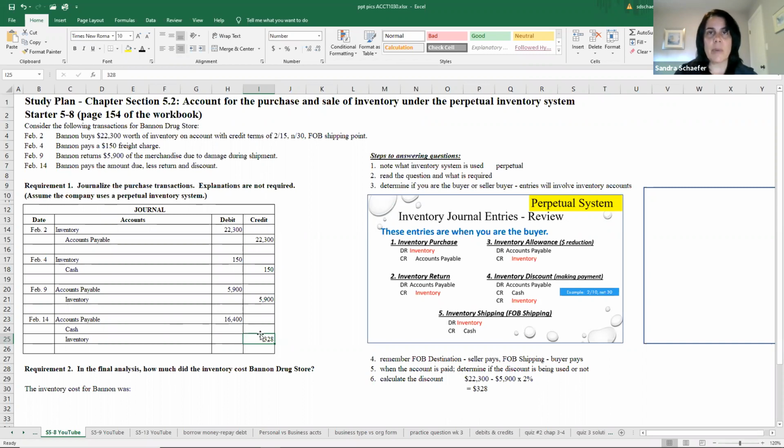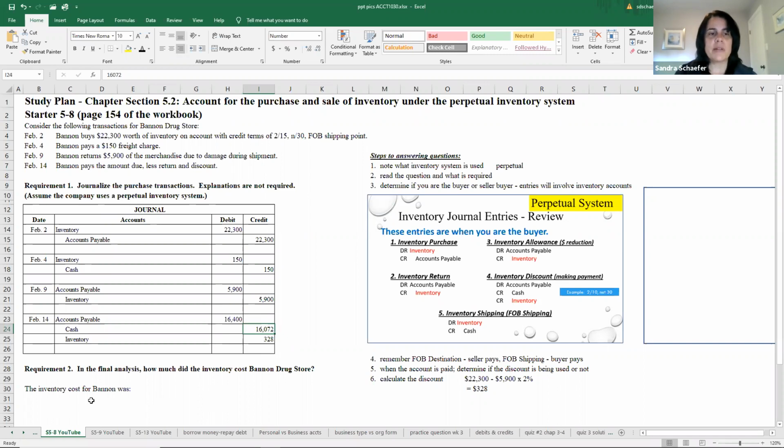To calculate the amount of cash that's actually paid, you take the 16,400, subtract your inventory discount, and that will give you $16,072. Remember, when you're doing these compound journal entries, total debits will equal total credits. So it's really important to double check that when you're done your transactions to make sure you've recorded your debits and credits correctly.